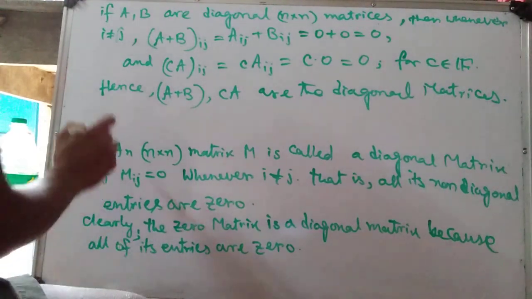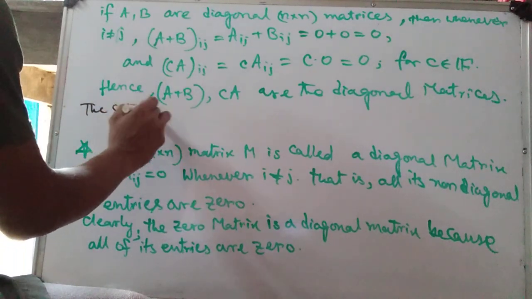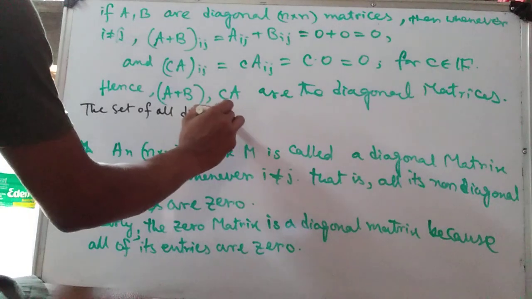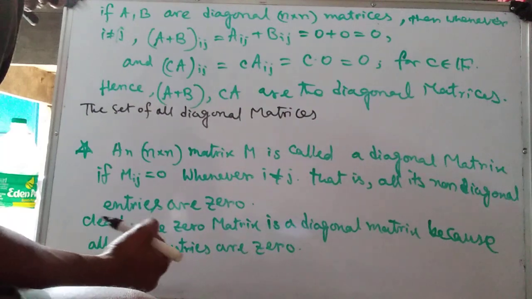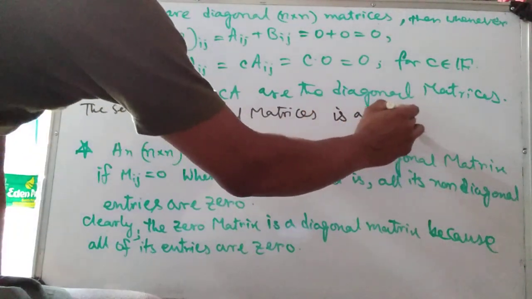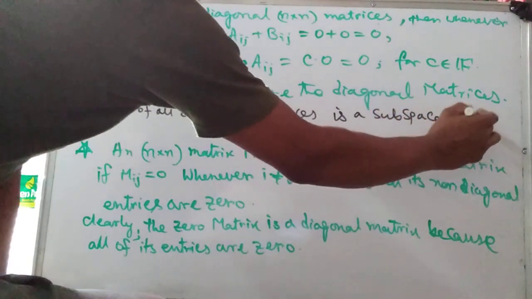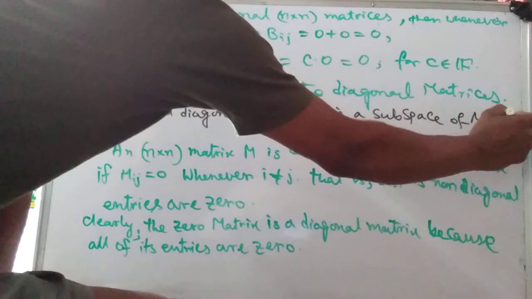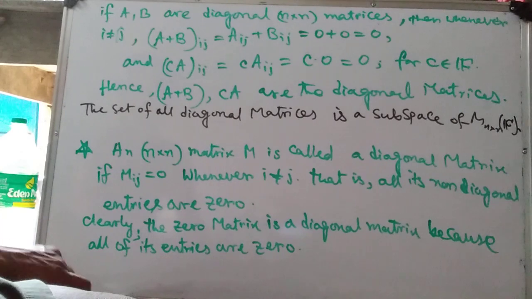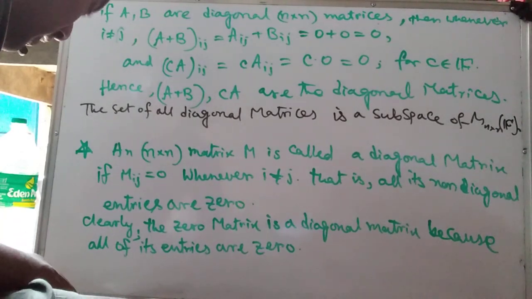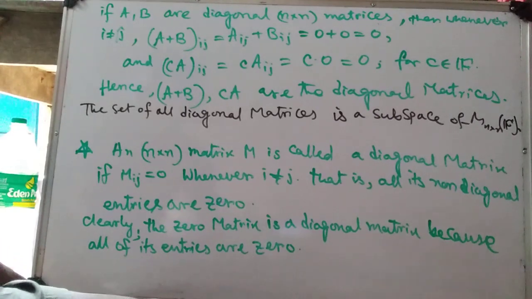That means the set of all diagonal matrices is a subspace of M n cross n F. That means the set of all diagonal matrices obviously becomes a subspace of the set of all n cross n matrices over field F.